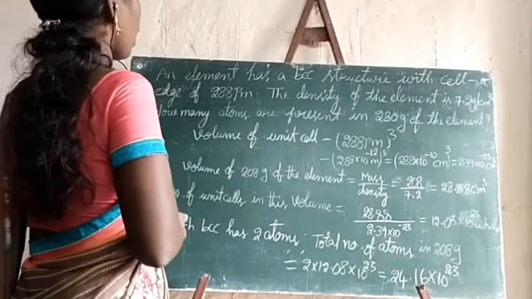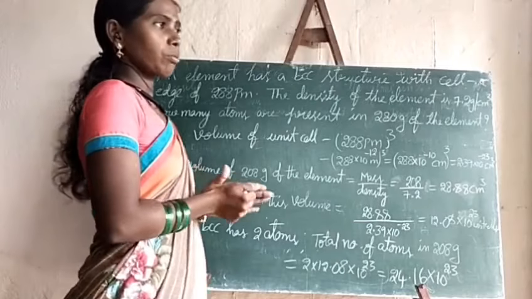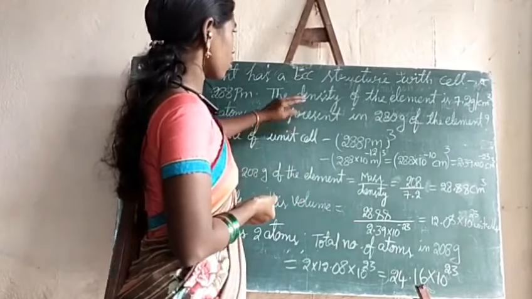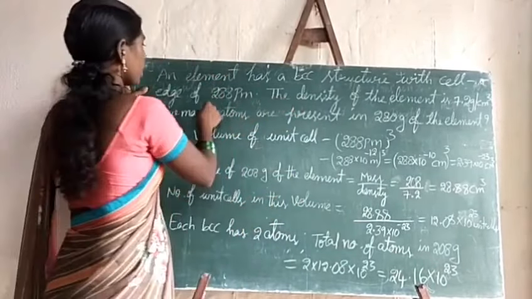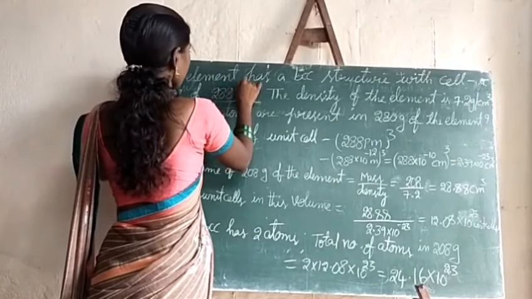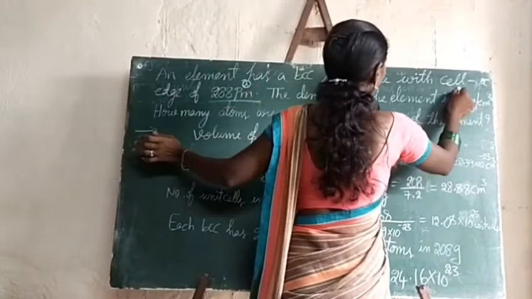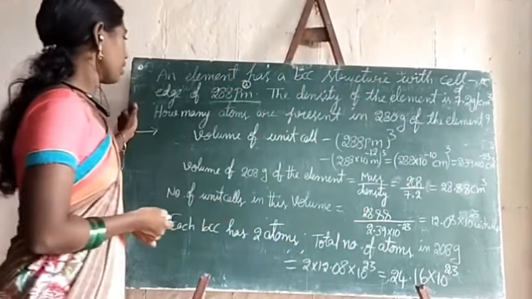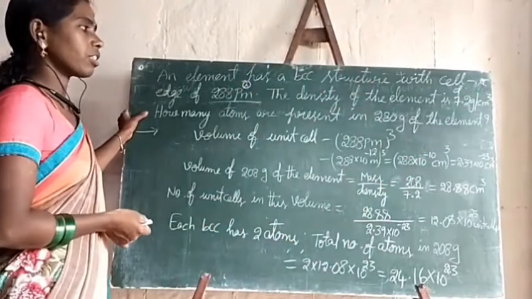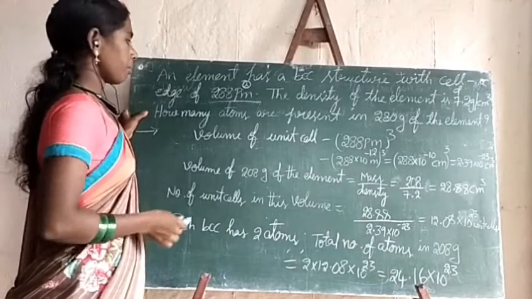An element has a BCC structure, that is body centered cubic structure, with cell edge of 288 picometers. Cell edge means the side A they gave us. The density of the metal d is 7.2 gram per centimeter cube. How many atoms are present in 208 grams of the element?